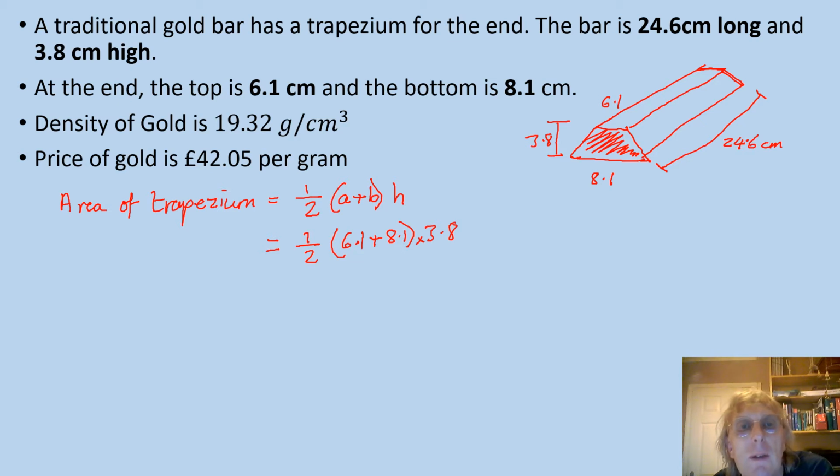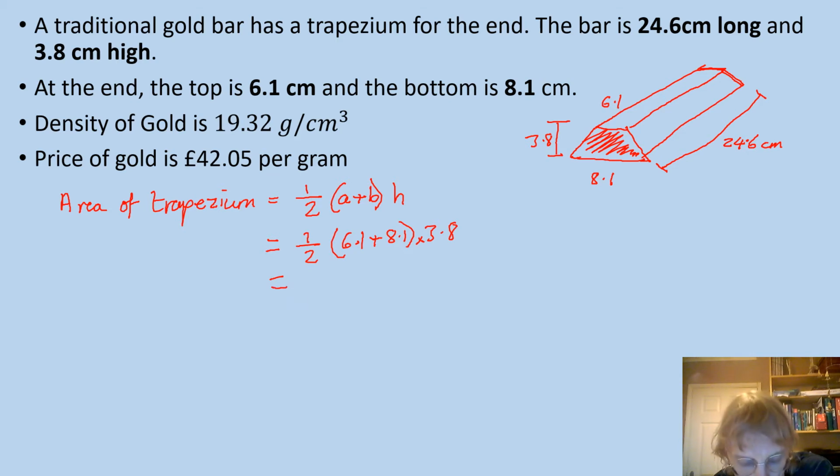It doesn't matter when you do it. The only bit that's important to do first is the bit in brackets. So you've got to add your 6.1 plus 8.1. That's going to be 14.2. You could halve that, so that would be 7.1 times 3.8. Or you could do 14.2 times 3.8 and then halve it. It's up to you. It doesn't matter which way round.